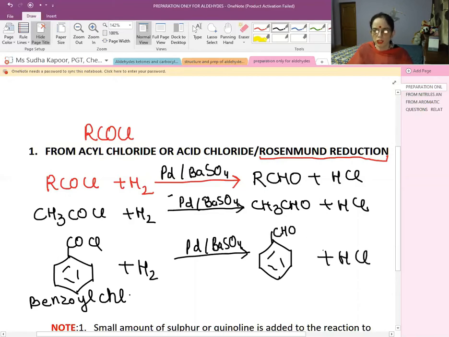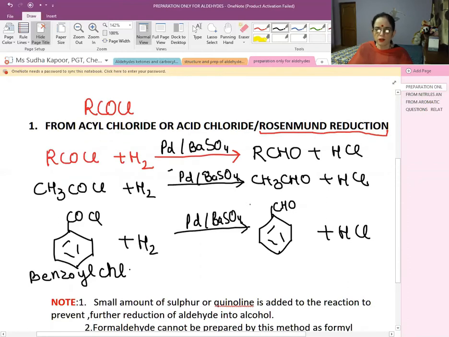So the first preparation is very simple. The name reaction is the Rosenmund reduction. When we illustrate this reaction, we simply write RCOCl plus H2 gives RCHO plus HCl, with Pd and BaSO4 as the catalyst. Now, a few important things related to this.